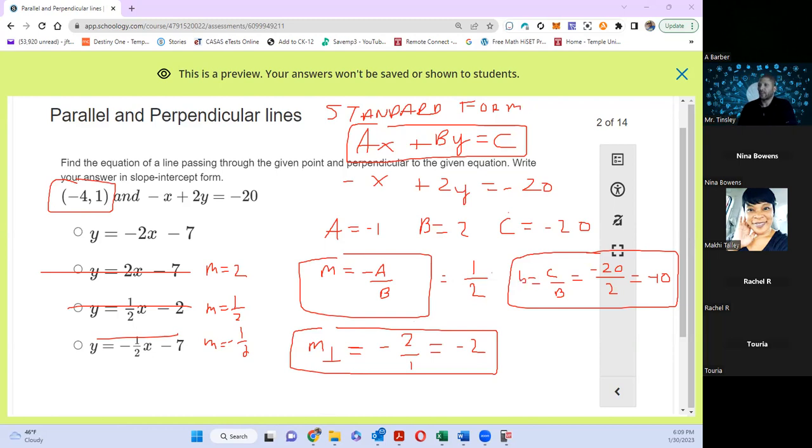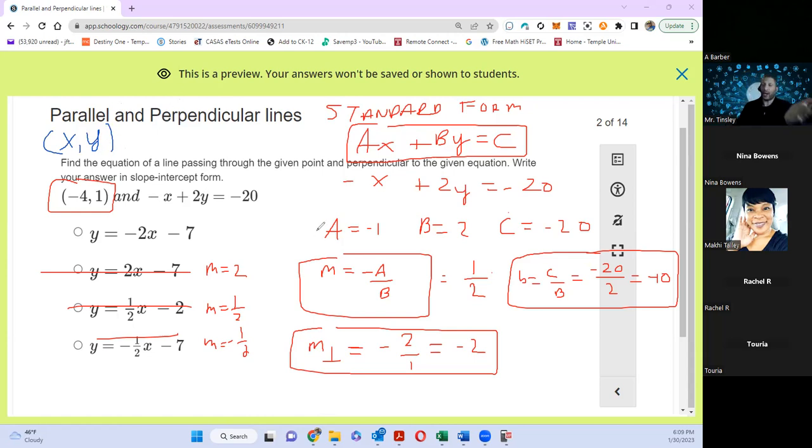Write your answer in slope-intercept form. When you're given an ordered pair, they're giving you X and Y.